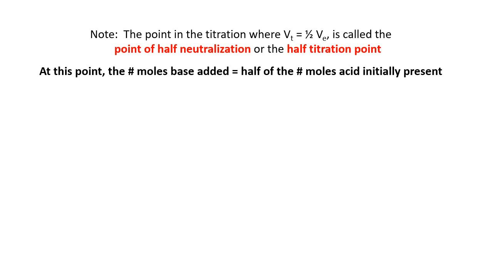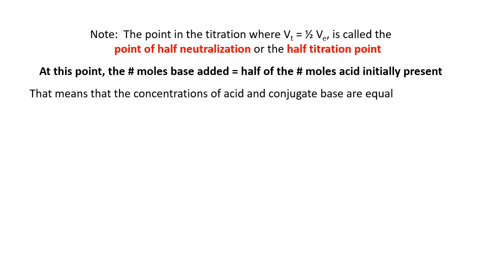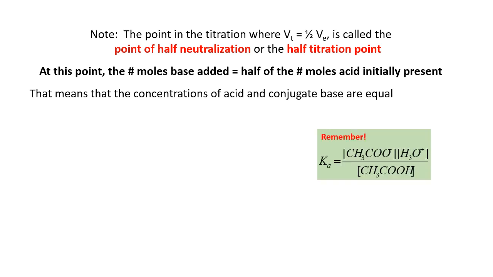So if only half the number of the moles of acid have been used up, then it means that we've also produced an equal number of moles of conjugate base. So that means the concentration of your weak acid and its conjugate base will be equal.